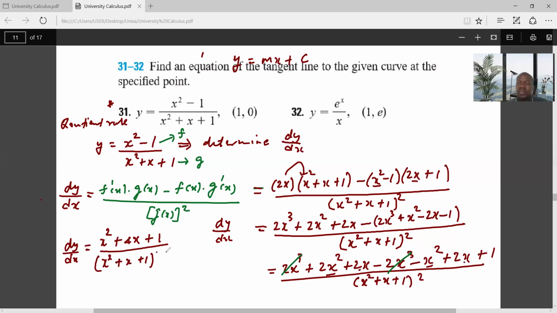By the way, what do you want? You want to calculate the gradient when given these points here. Remember, this is the x, this is the y. And to do that, we're going to do this, ladies and gentlemen. Now we have a derivative function.